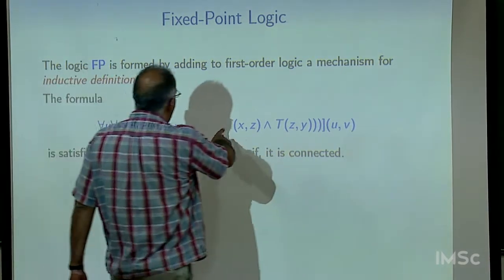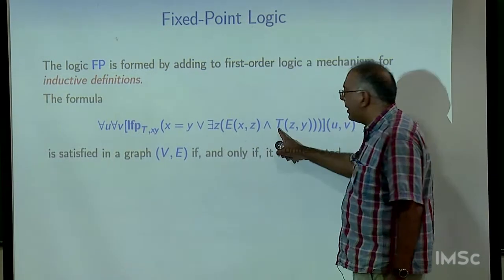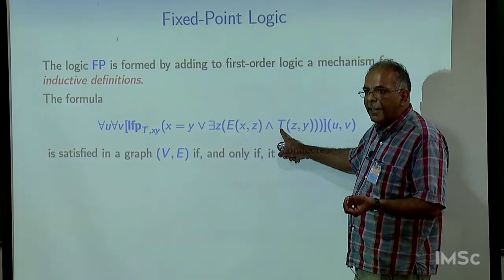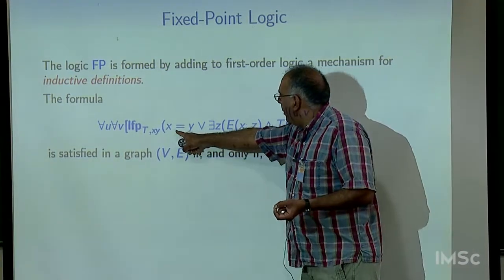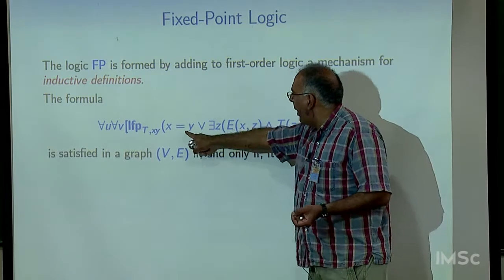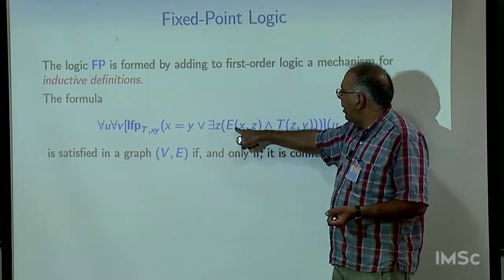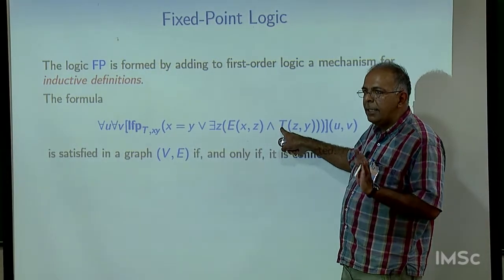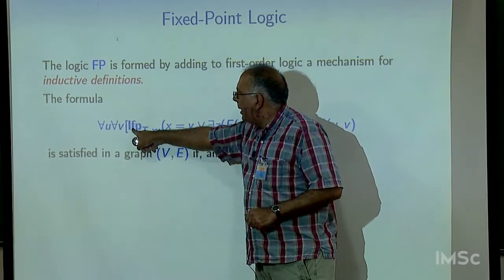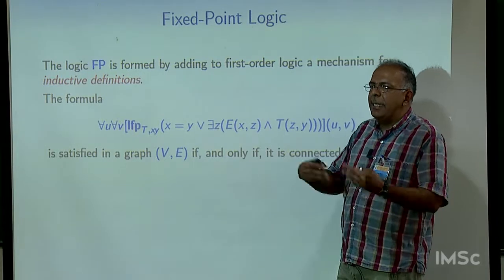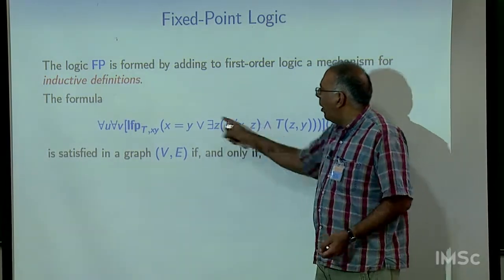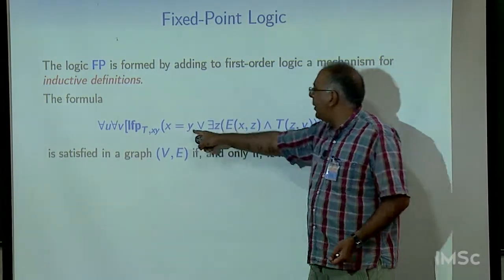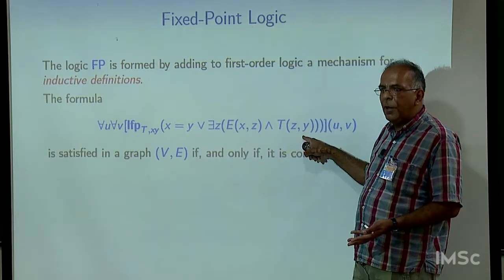Remember, E is the edge relation on graphs. T is a new relational variable. Think of this formula: it says x equals y, or there is some z with an edge from x to z, and zy is in the relation T. T is an undefined relation. This construction, LFP txy, basically says take the least fixed point of the equation T equals this inside thing over here.